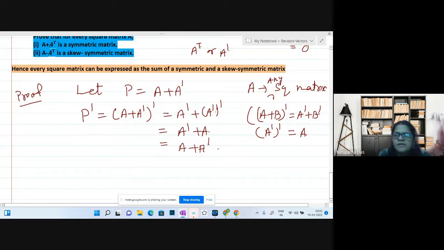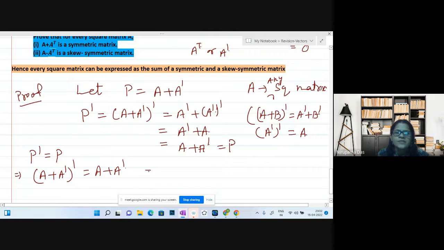So you are getting P transpose equal to P. So this implies A plus A transpose is a symmetric matrix.